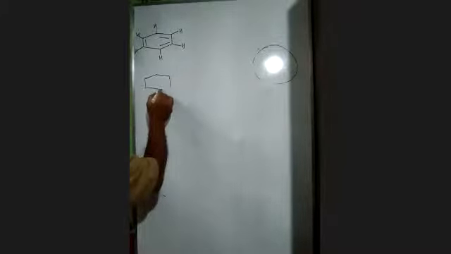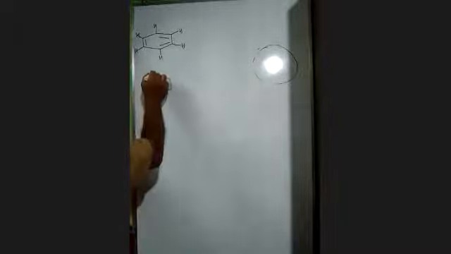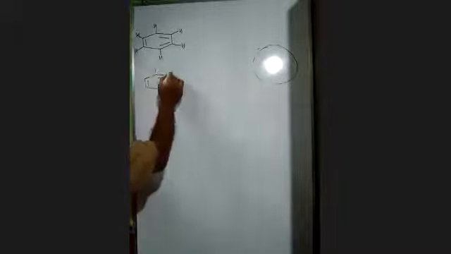So generally, we don't draw the hydrogen in benzene, because an organic compound is made up of carbon. This is one. Suppose my labels are 1, 2, 3, 4, 5, 6.